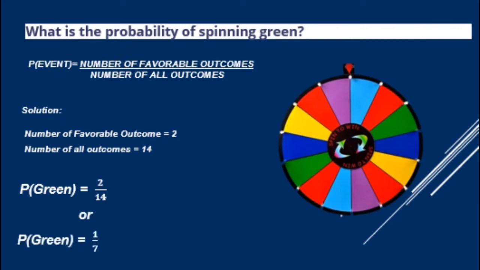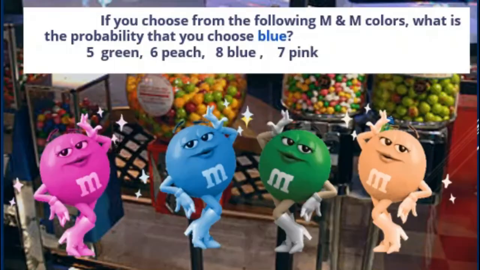Okay, let's count. 1, 2, 3, 4, 5, 6, 7, 8, 9, 10, 11, 12, 13, and 14. So we have 14 for the number of all outcomes. So P of green is equal to 2 over 14. As you can see here, we can still reduce it into lowest terms. So P of green is equal to 1 over 7.